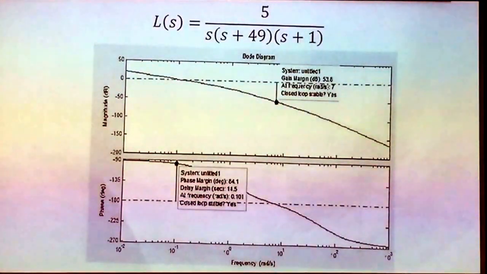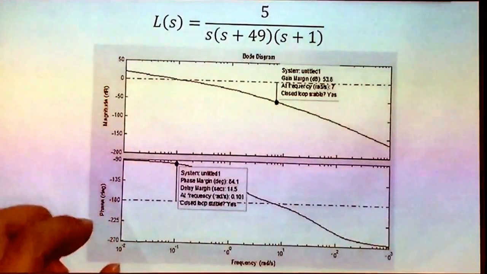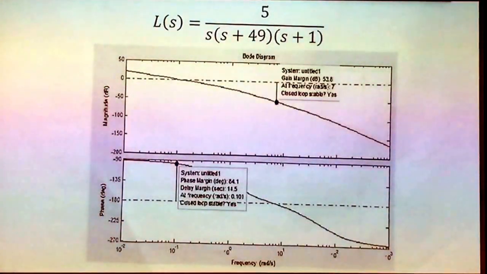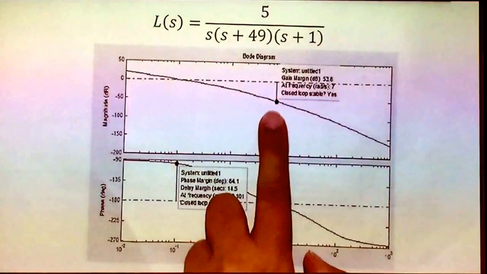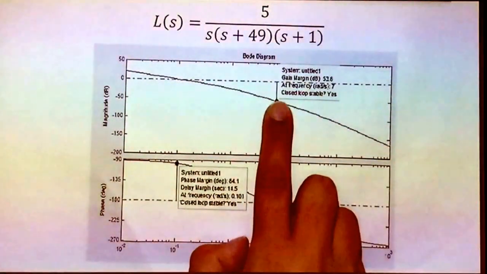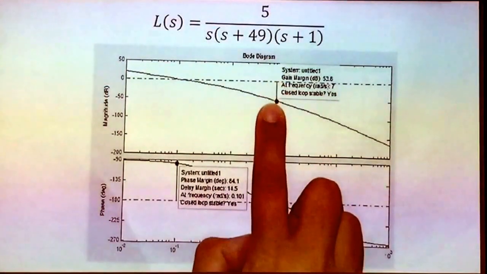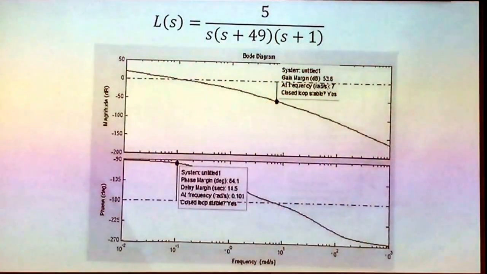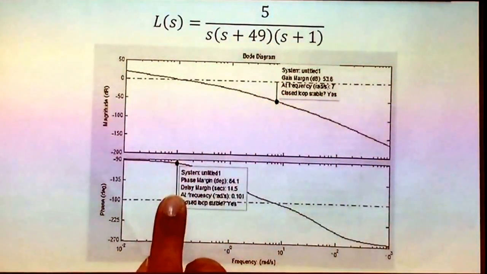How do those two relate to closed loop bandwidth? Focus. If you have your magnitude and your phase in the Bode plot, you can find the gain margin, which relates to your gain crossover frequency, and the phase margin, which relates to your phase crossover frequency.